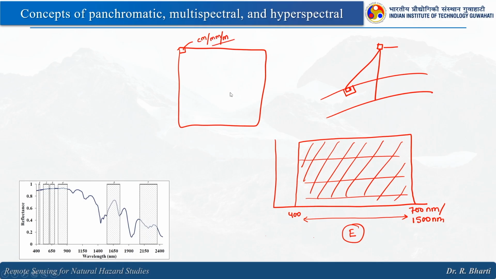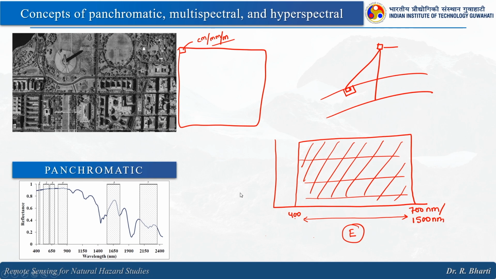So, this kind of setting is known as the panchromatic image. If we generate an image using a broadband spectral range and the spatial resolution of this particular image is high, we will have more feature details in this particular image, right.